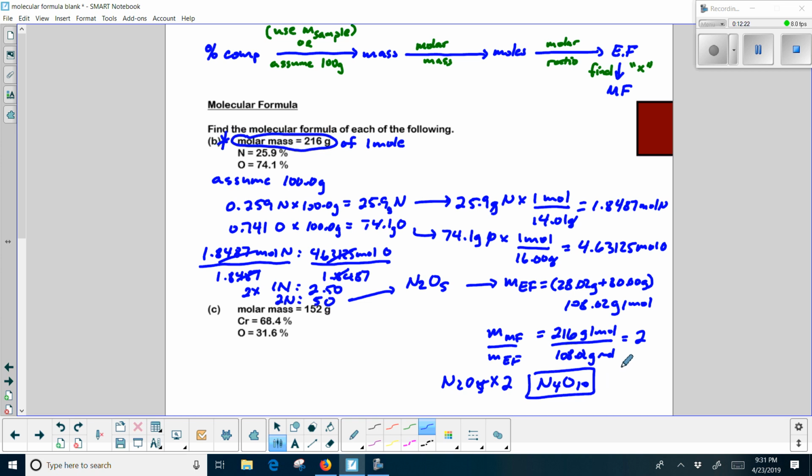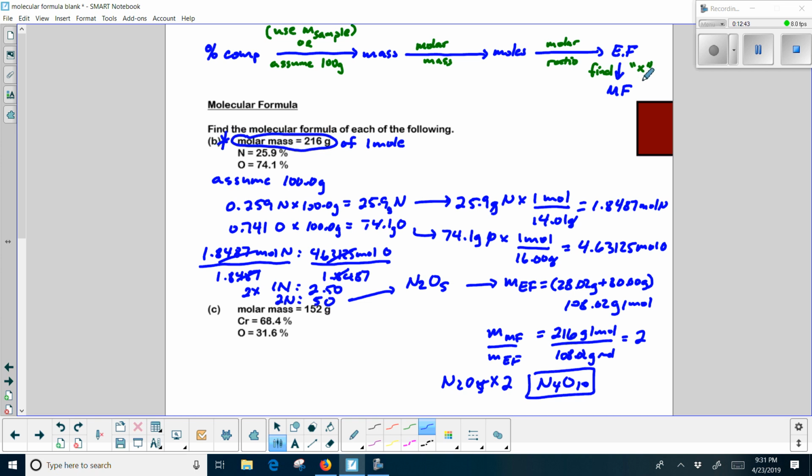So again, what we did is, up here, looking at the percent composition, we knew the percentage. We figured out the mass, assuming 100 grams of the sample. Then we determined the number of moles over here, and used the molar ratio to figure out the empirical formula, which was N2O5.